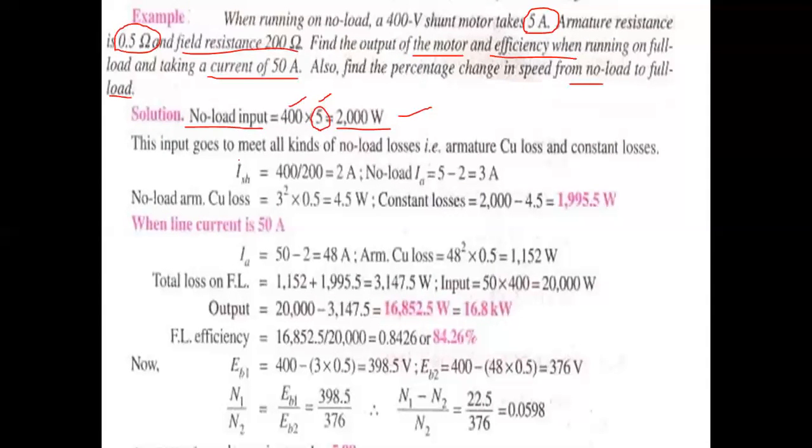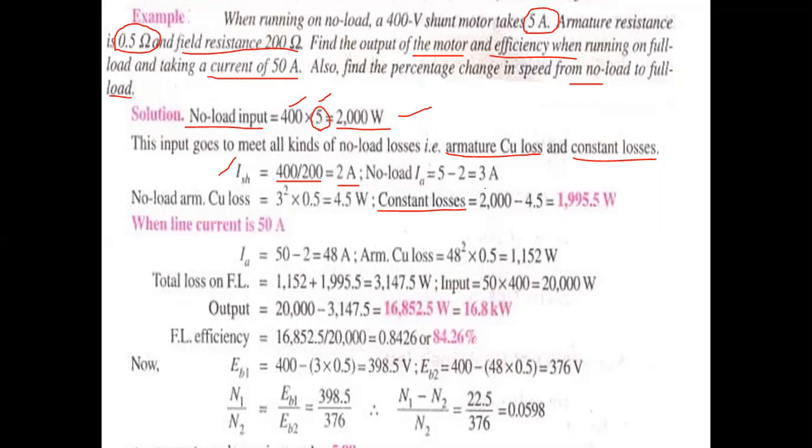This input power goes to meet all kinds of no load losses, that is armature copper losses and constant losses. Now, our main aim is to find the constant losses by using this no load current. For that, first I have to calculate ISH by using Ohm's law: 400 by 200, where 400 is the volts and 200 is the ohms. Then 2 amperes is the shunt field current.